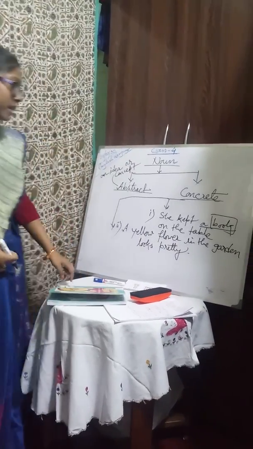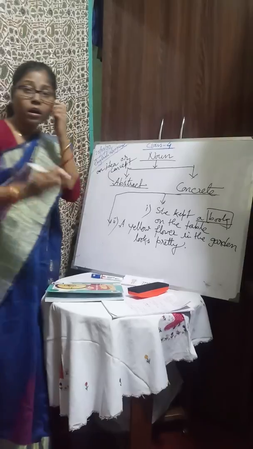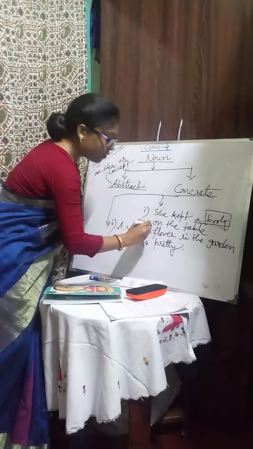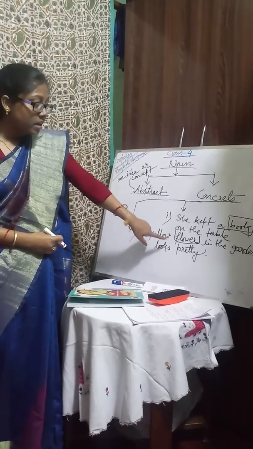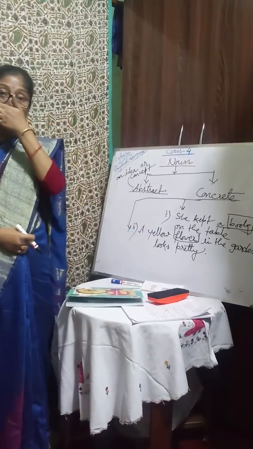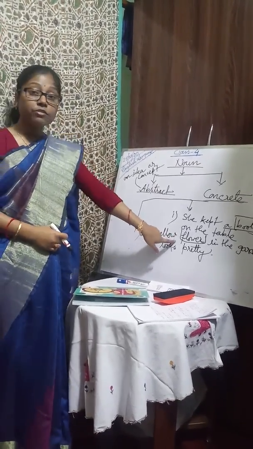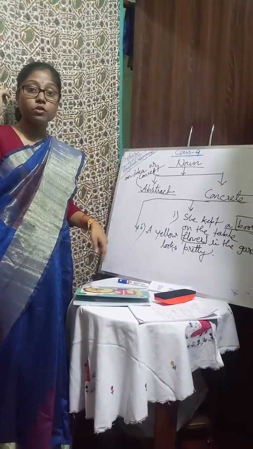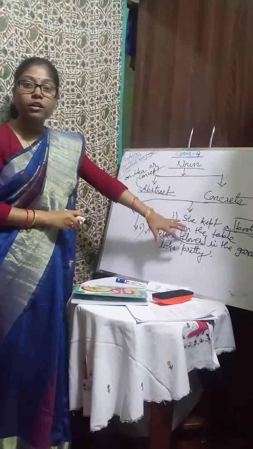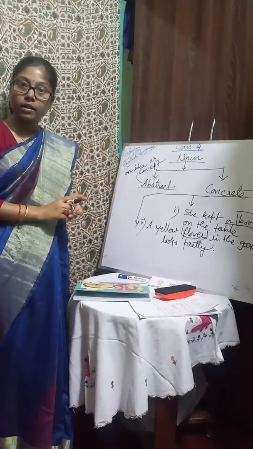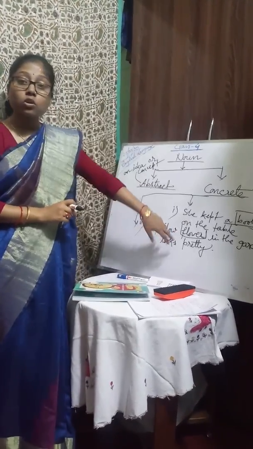Clear. Now see, if I find the noun here, flower is here. So here flower is concrete. Why? Because I can see the flower in the garden. So I have used one sense. And even if I go there, I can touch the flower. Clear? So two senses we have already used.